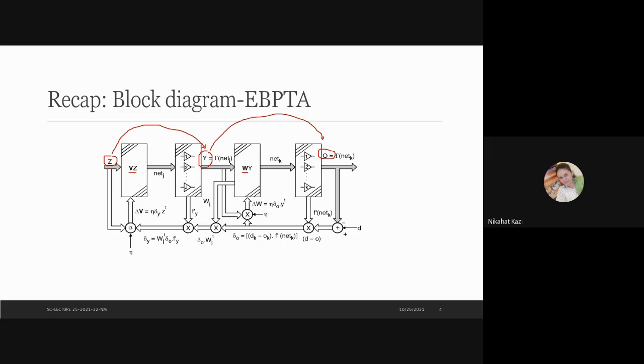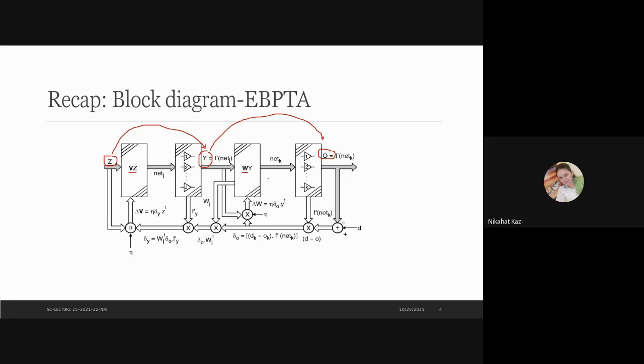Using this, there are largely two phases, or two stages, in the error backpropagation training algorithm. What is the name of the first phase? The feed forward recall phase, right?